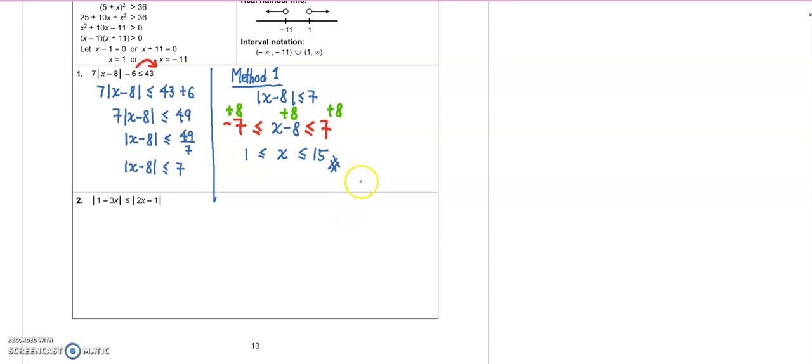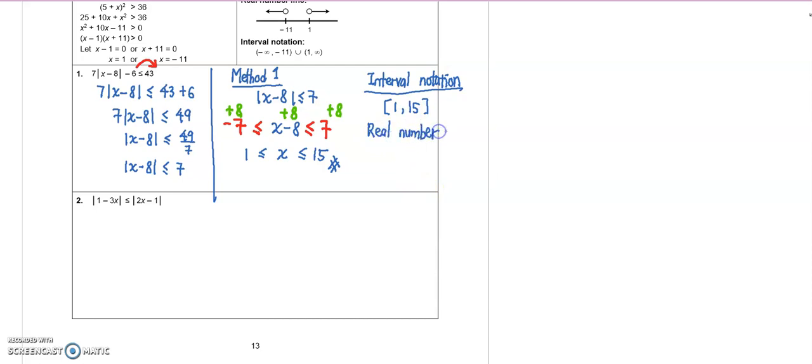Only I have to transform it into another form. In the form of interval notation, this is in between. So from 1 until 15, both of them are included. And then the real number line.